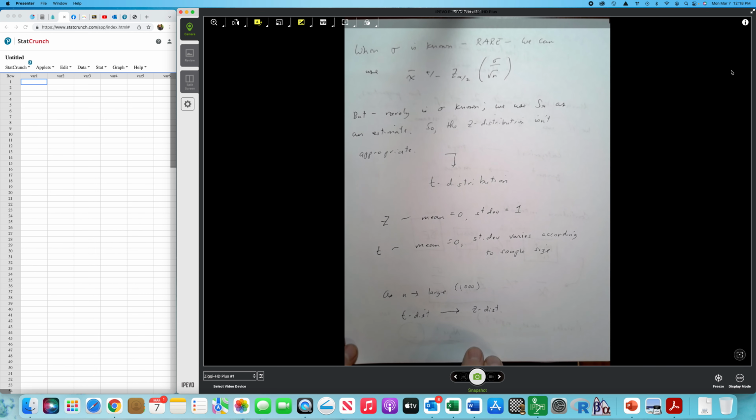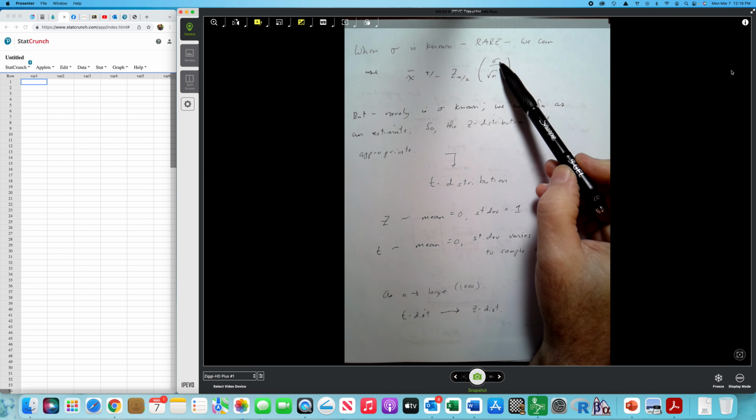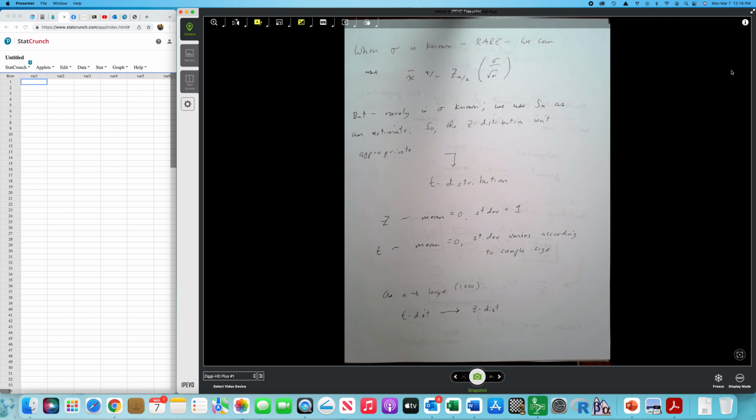All right. So what happens when sigma is actually known? When the population standard deviation is known, which is very, very rare, we can proceed with this confidence interval formula. But rarely will, and think about it, to calculate the population standard deviation, you have to have the population mean.